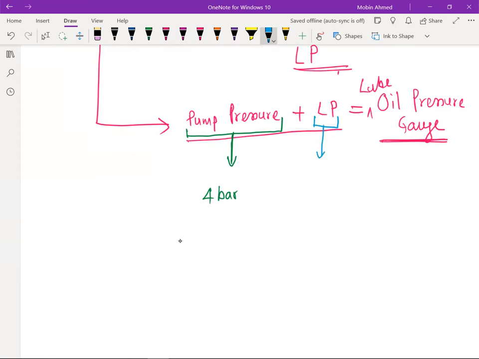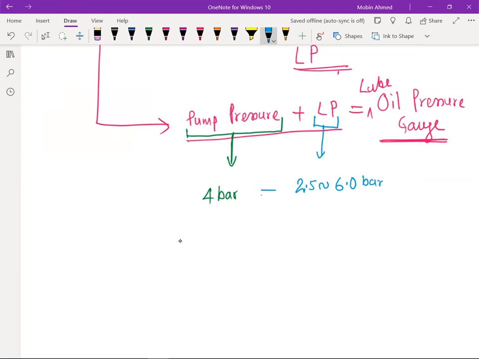It is going to change, as I have shown you, from cut in to cut out, like suppose from 2.5 bar to 6 bar. It is changing continuously. I am just taking an extreme one, second stage, third stage likewise. So it is going to change between 2.5 bar and 6 bar.